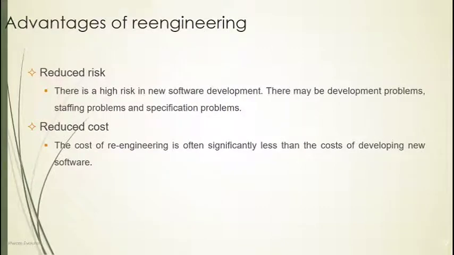Re-engineering may involve redocumenting the system, refactoring the system architecture, translating the program to a modern programming language, and modifying and updating the structure and values of the system data.